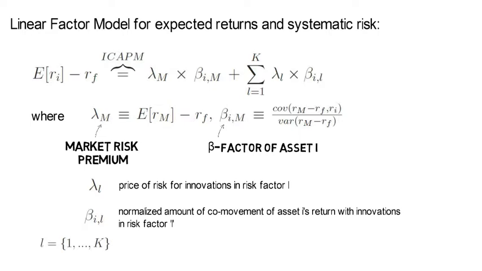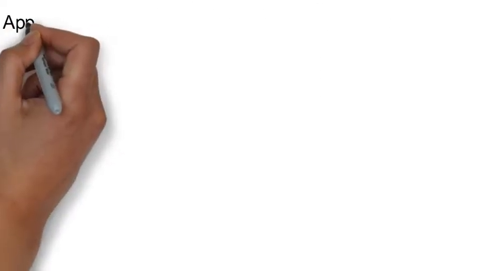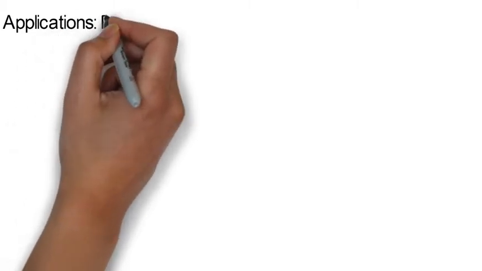Remember, any factor that affects the evolution of the level or slope of the capital allocation line is part of the set L, which consists of these 1 to capital K factors. So, one of my favorite applications of that I-CAPM setting is the 2006 JF paper of Professor Petkova.